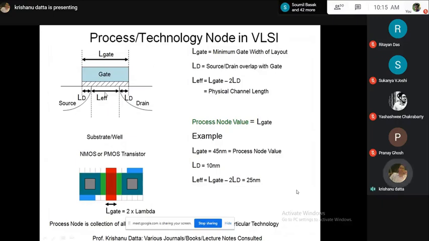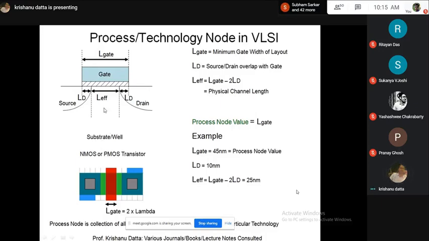Based on your introductory classes, you should be able to recognize this simple structure. If you see the top left, you have gate, source, and drain, and you have substrate.